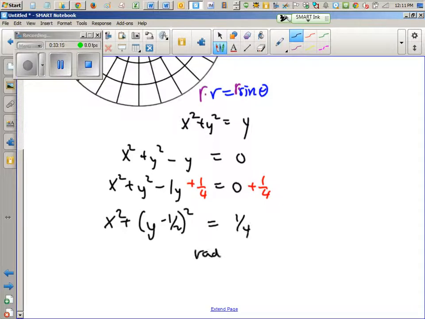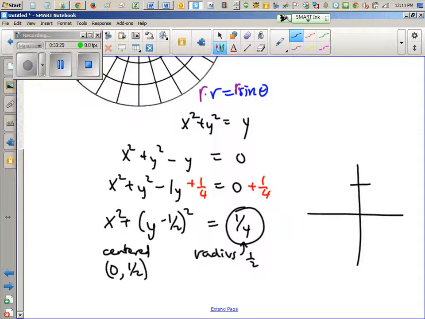A radius of 1/2, that's the square root of this number, centered at (0, half). It is this circle. It is centered at (0, half). It has radius half, and that's proof enough for me.